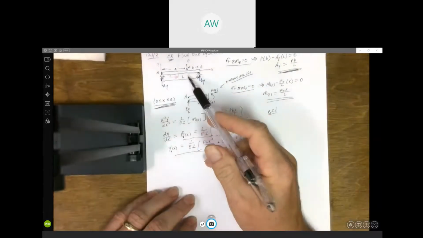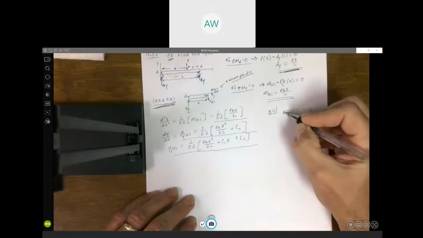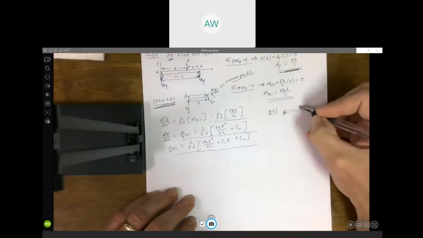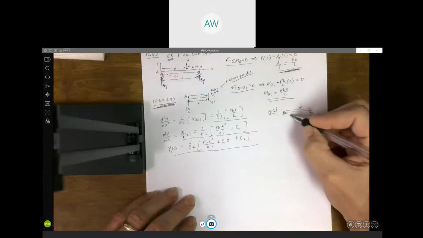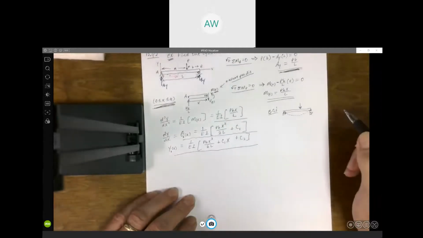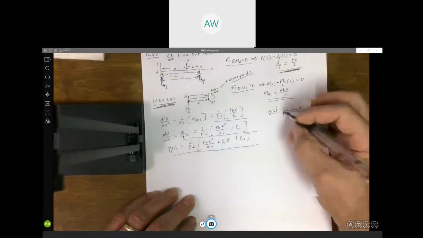Go back and look at our beam. It's simply supported. It's got a pin support here and a roller here. So when we apply this force, this beam's going to bend, going to deform. But what we know is at this end, the deflection is 0. Right? It can't move up or down because we've got a pin support there.